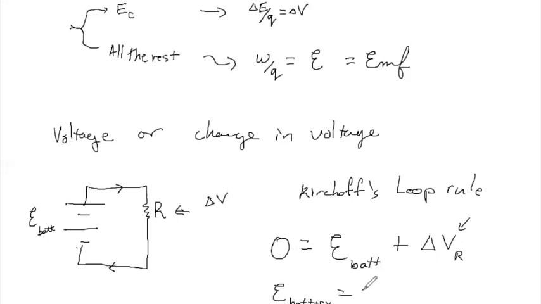So moving it across the equal sign, and since it's a drop, delta V is negative, I get a minus the amount I times R, where I is the positive amount. And therefore I get that the battery's EMF equals IR.